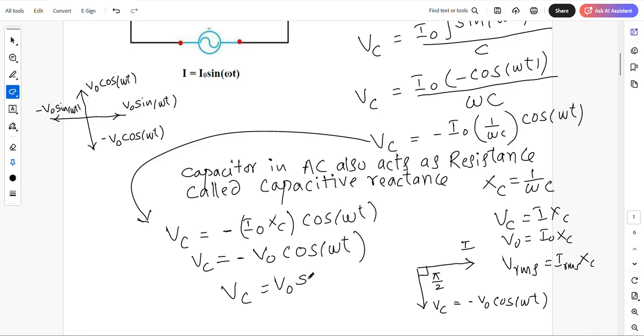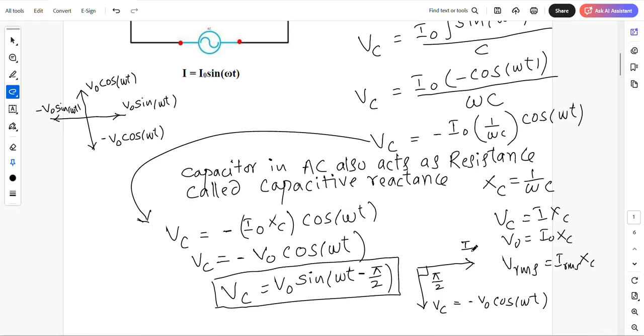In terms of sine I can write Vc is equal to V naught sine of omega t minus pi by 2.